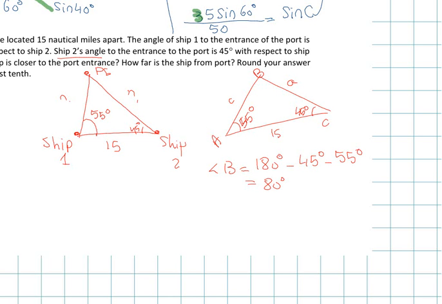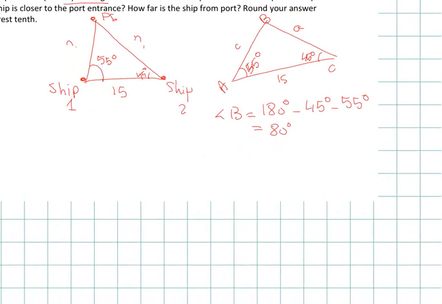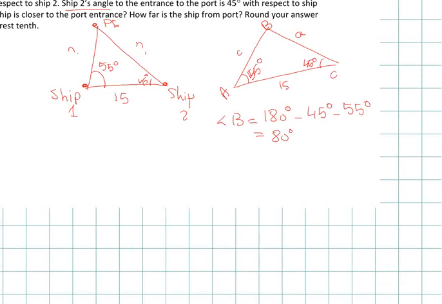Now, since I know angle B and side B, then all I have to do is start with whatever, A if you want, okay? And say I want to solve for side A. To solve for side A, I have to do A over sine A equal to B over sine B. I don't know what side A is, but I know that angle A is 55 degrees.